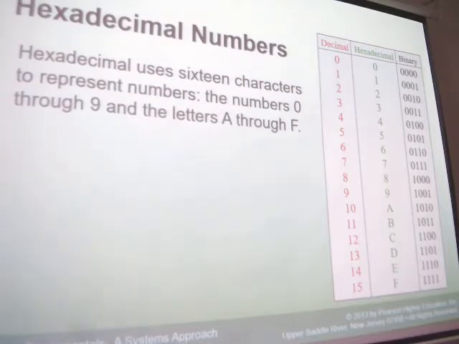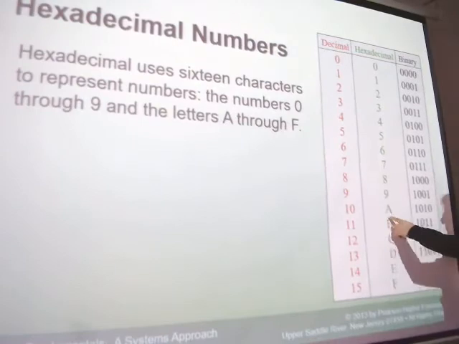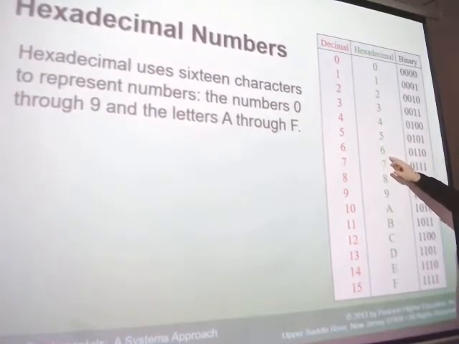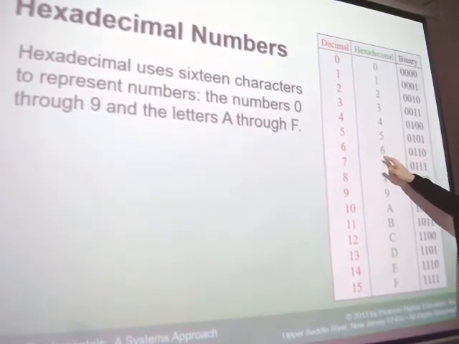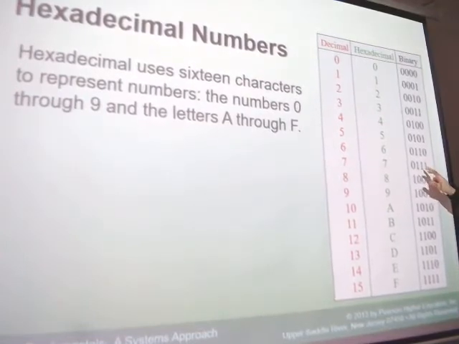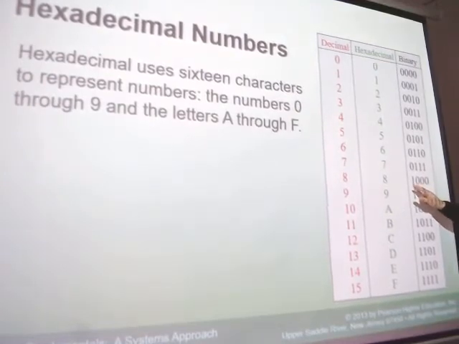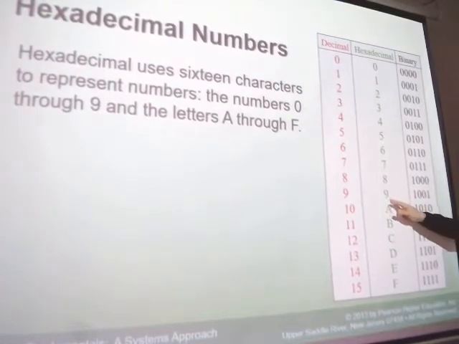So let's see this. 4 plus 1 equals 5, right? 4 plus 2 equals 6. 4 plus 2 plus 1 equals 7. 8, right? Now 8 plus 1 equals 9.